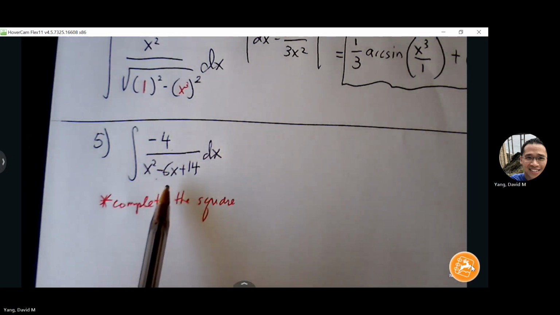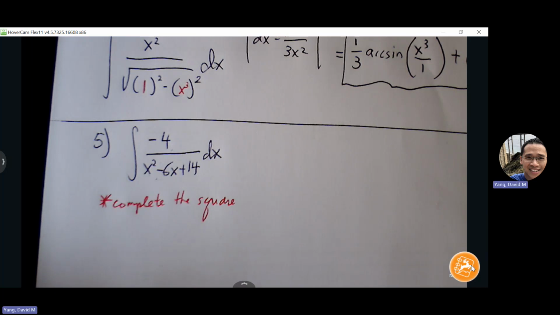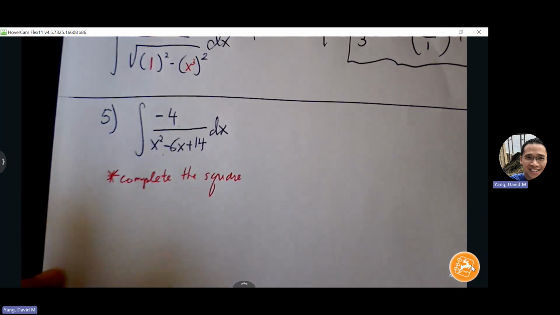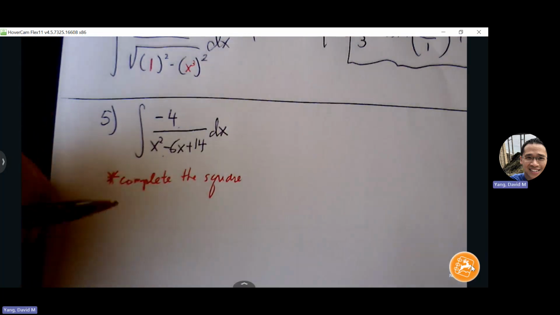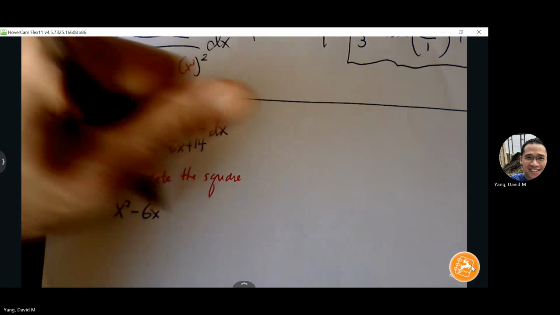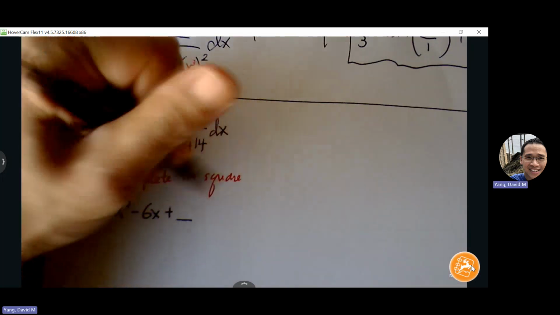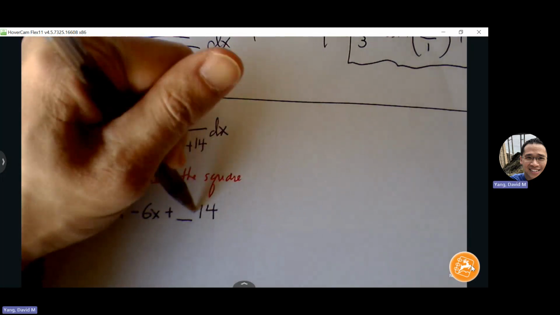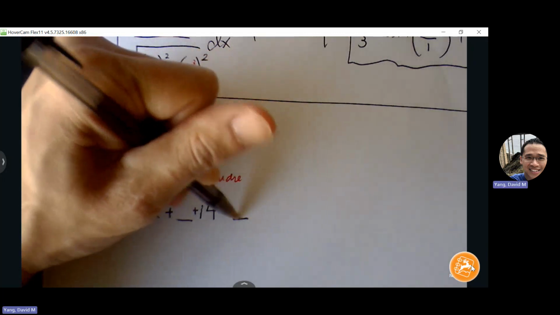Which rule? Arctangent, because yeah, no radical, right? So that kind of gives it away. Complete the square. But we know it's going to be arctangent. Okay, so complete the square. We have to put spaces on either side of our constant.